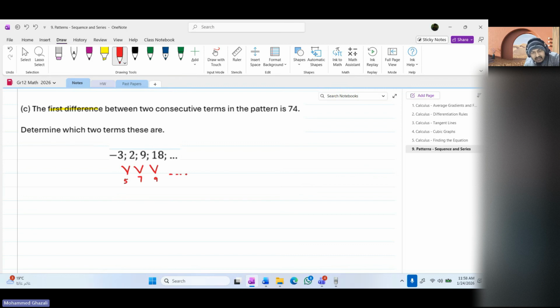So what you want to find is that there are two values in the quadratic pattern, a value there and a value there. And when I find the first difference between these two values, I get 74. You actually can't get 74. It should be 73, right? It should be 73.